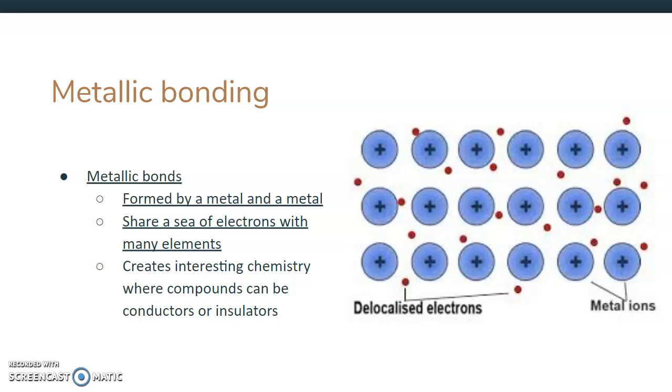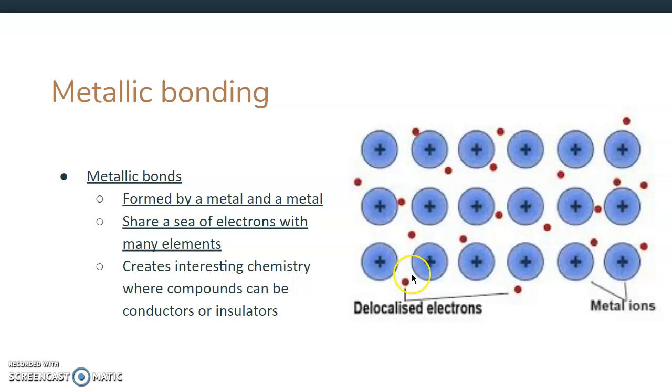But let's go back to this idea of a sea of electrons being shared. So when we talked about covalent bonding, we said how electrons are shared. And this is a similar idea in which our electrons, we can even see our delocalized electrons are these little circles, and our metal ions are the big things in the middle. So these delocalized electrons are bouncing around between a lot of different metal ions.